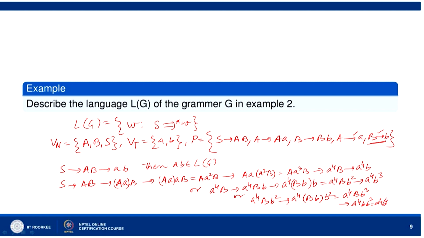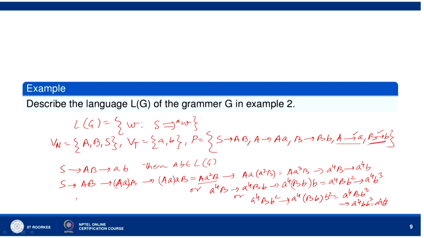Okay. So, what we will get? We can get ab, we can also get like here we had a square b. I could have used the production rule A goes to a here, then this would have given a cube b.